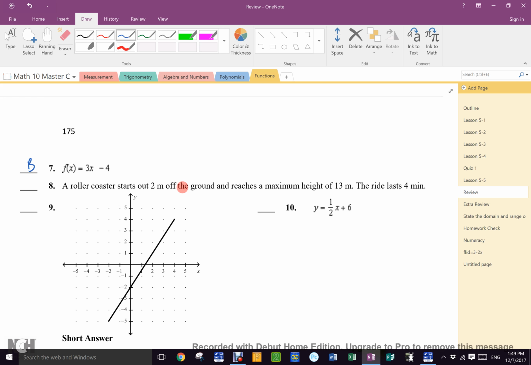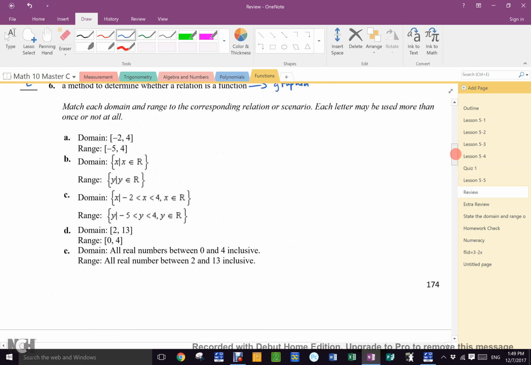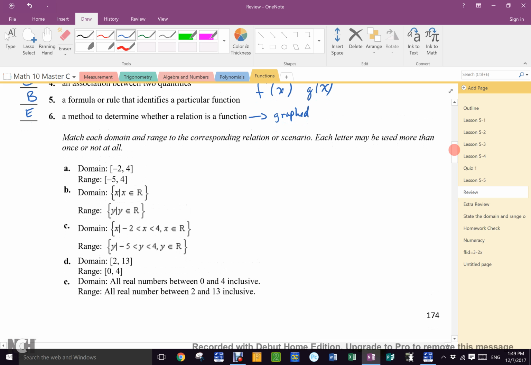What is the lowest time you can have ever? 0. What is the highest time in this question? 4. So the domain must be the one that goes from 0 to 4, yes? Okay. And the range, what's the lowest height you can get? 2. And the highest? 13. So I need a domain that's 0 to 4 and a range that's 2 to 13.